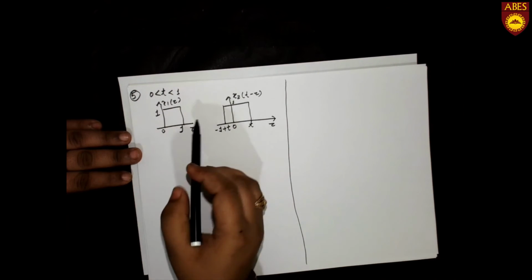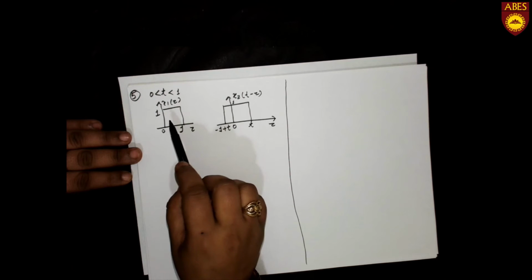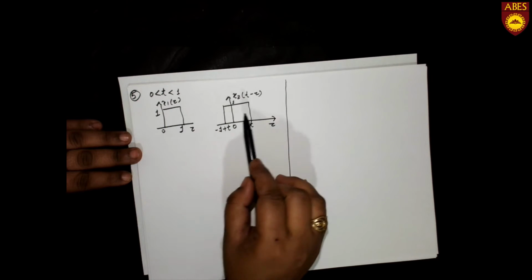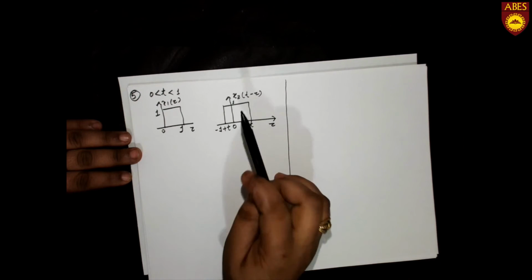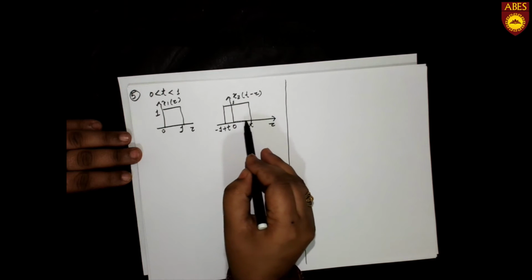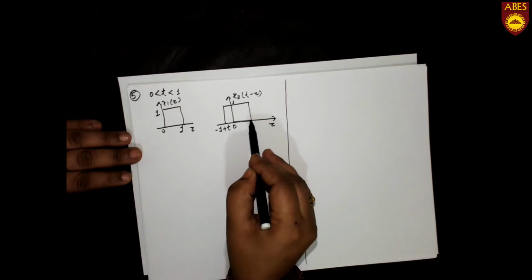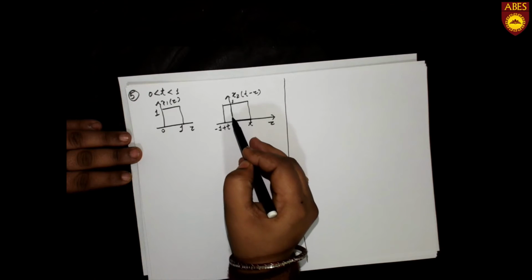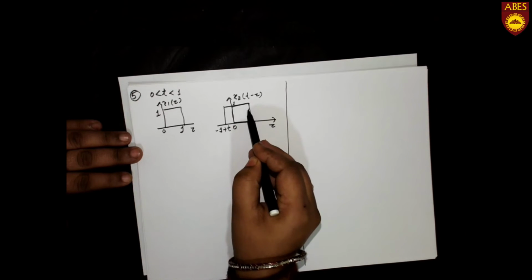Now, the overlapping area between the signal x1(tau) and the shifted and folded signal is between 0 to t. This portion is overlapped.